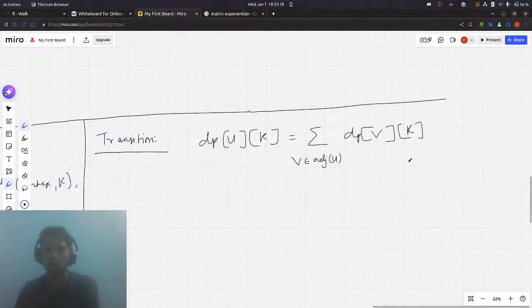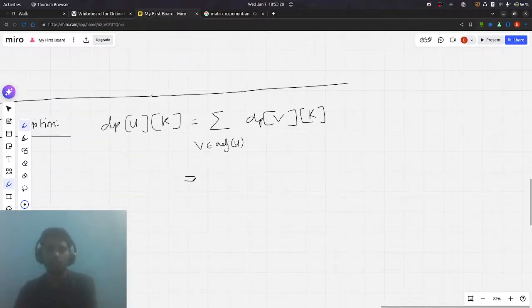Okay, so if we expand it, we are iterating over all the adjacent vertices of u basically.